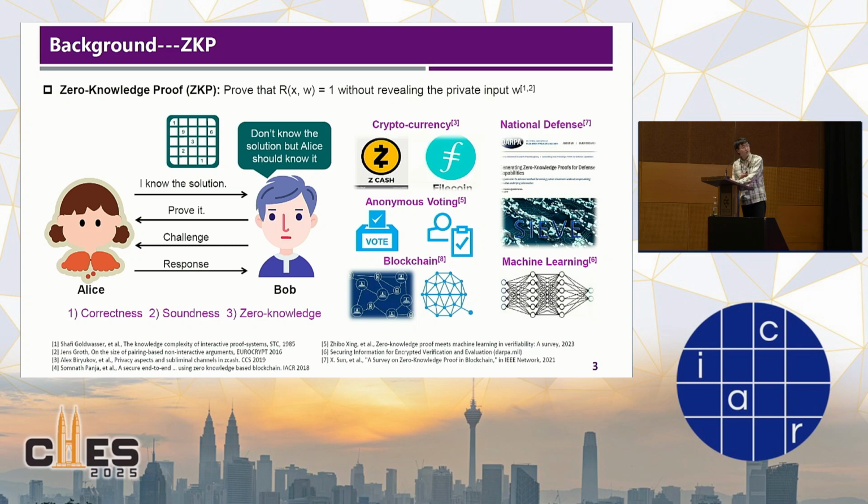ZKP has 3 generic properties. The correctness and the soundness guarantee that the 2 parties cannot cheat each other, and the zero-knowledge property ensures the privacy. Based on these properties, ZKP has a wide range of applications, including cryptocurrency, blockchains, and outsourced computation for machine learning, and so on.